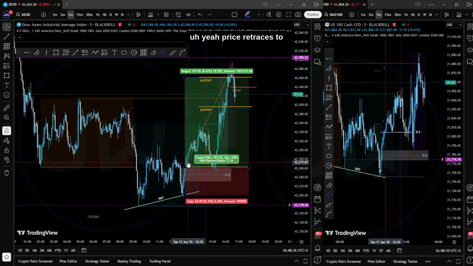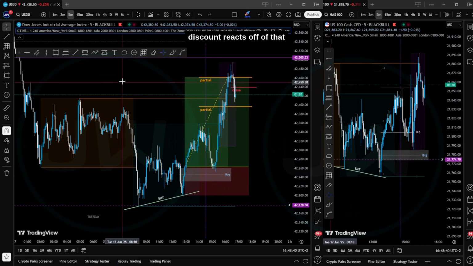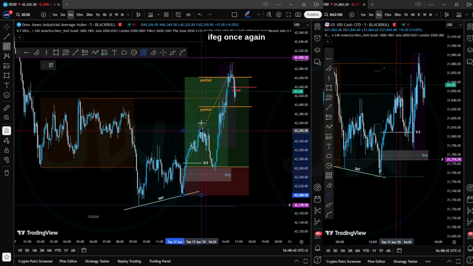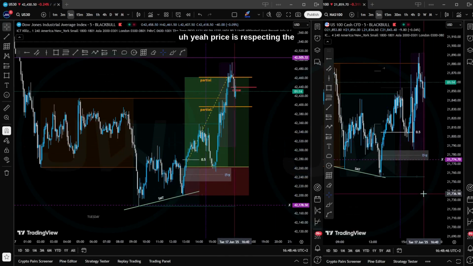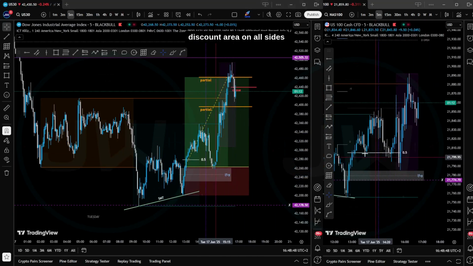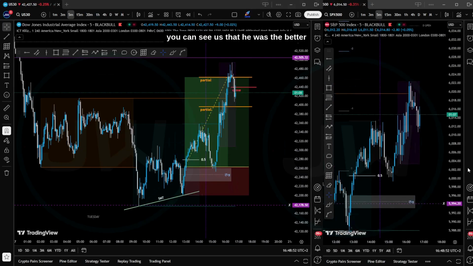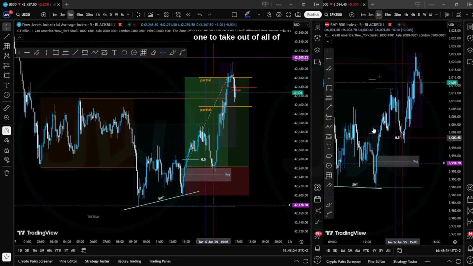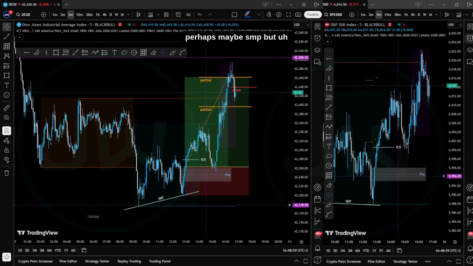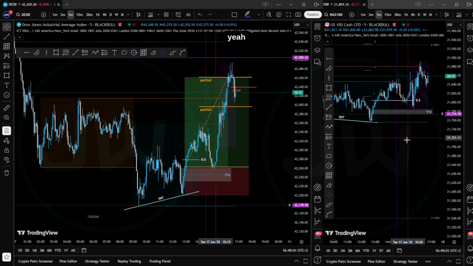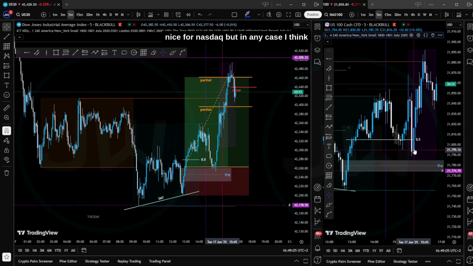So price retraces to discount, reacts off of that IFEG once again, and price is respecting the discount area on all sides. You can see US 30 was the better one to take out of all of them. Perhaps maybe S&P, but this sweep over here did not look very nice for Nasdaq.